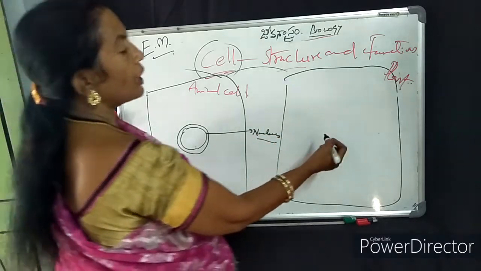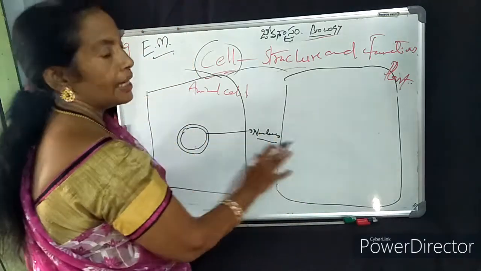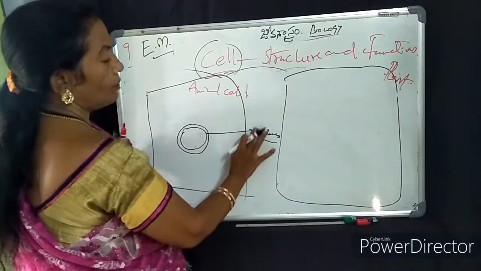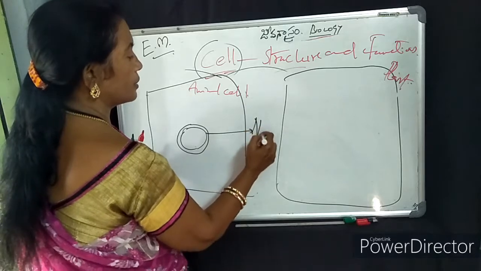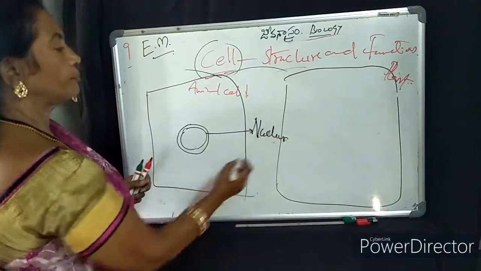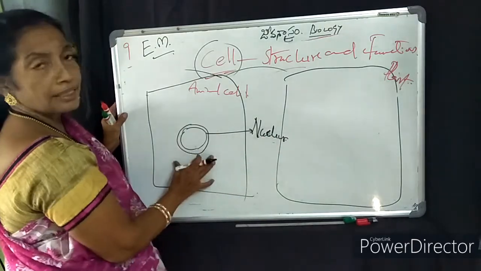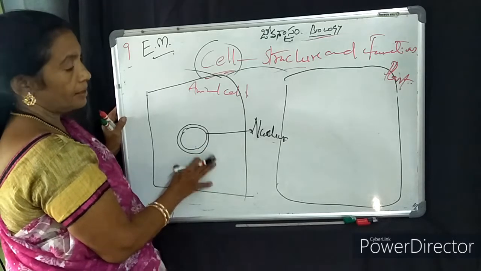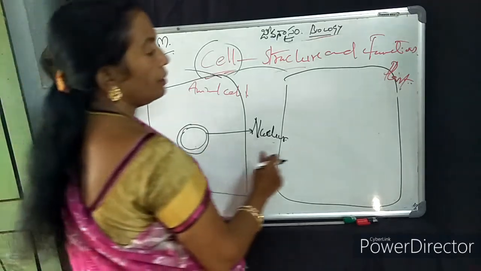Whereas in the plant cell, we won't see the nucleus in the center. So in the animal cell, the nucleus occupies the center of the cell, and we can find the nucleus very clearly.